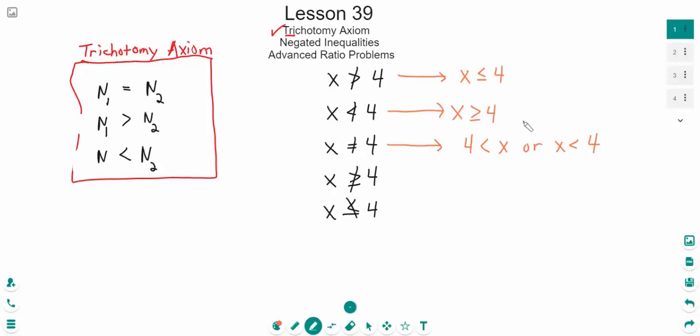And I could have written that as 4 is less than x or x is less than 4, if that makes a little more sense to you. Here I just have my greater than or less than signs going in the same direction. So I had to flip the x to the other side. But anyway, I digress. So the idea here is that if it's not equal to 4, it's got to be less than 4 or greater than 4.